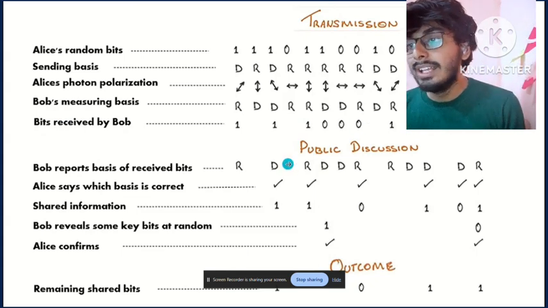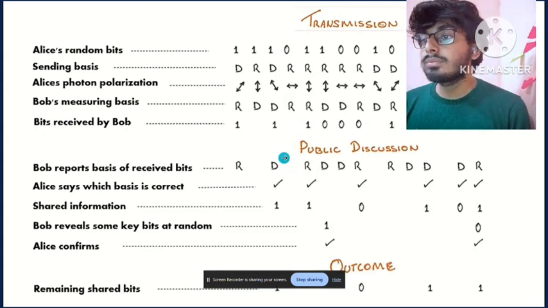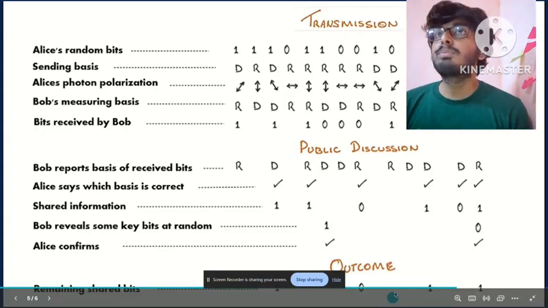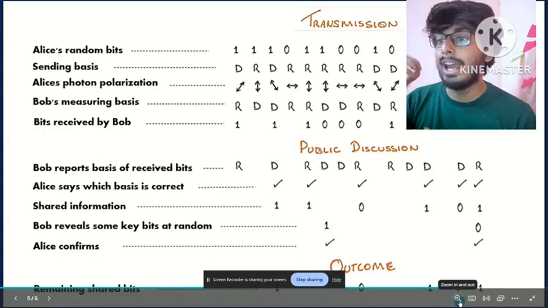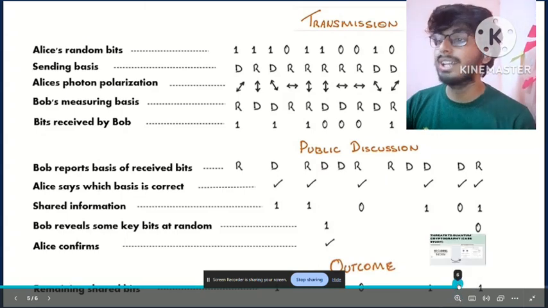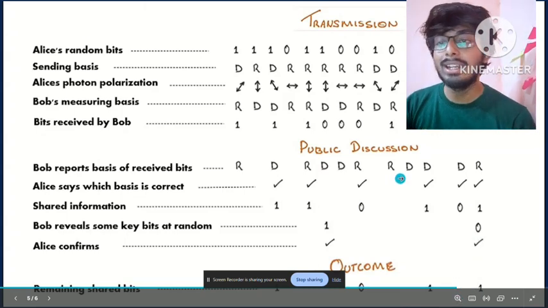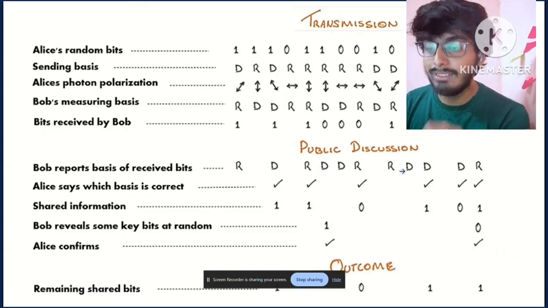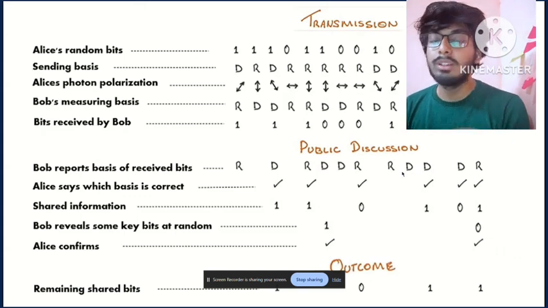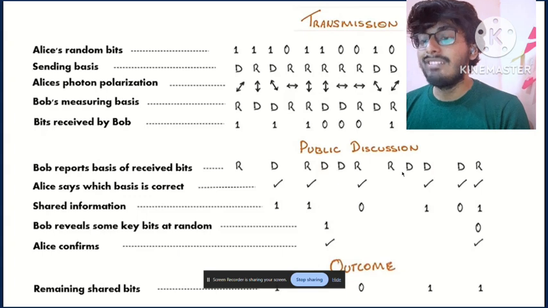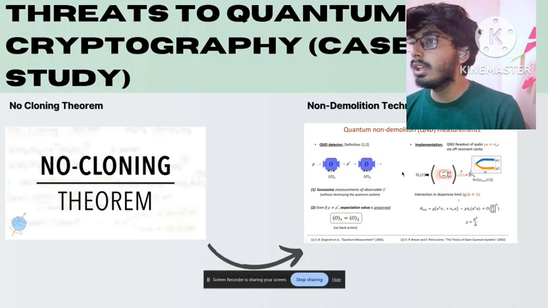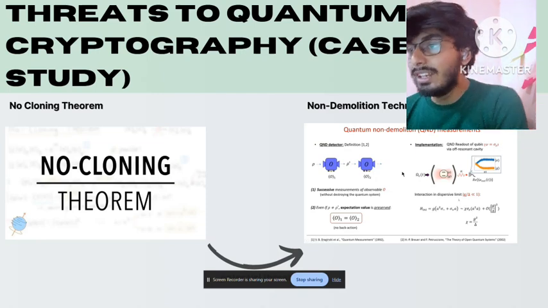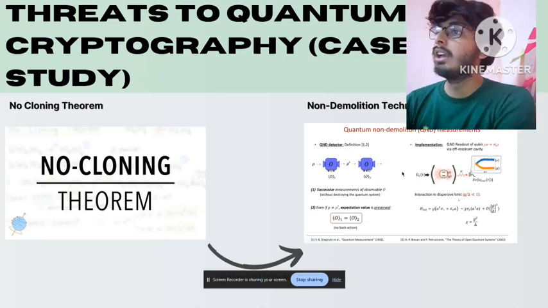They will compare which photons have the same polarization between Alice and Bob, and according to that they will get the outcome, and whatever the outcome will be, it will be used as a private key. Okay. So this was about quantum cryptography and why we need it over classical cryptography.